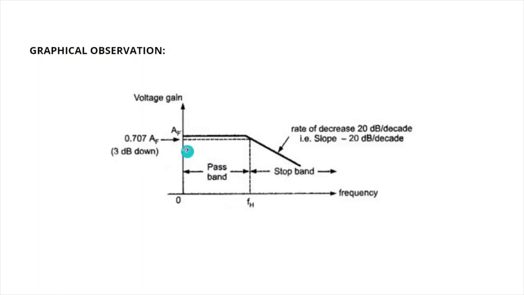And this cutoff frequency is also noted as the 3 dB frequency, which is an important question from the viva point of view. It is generally asked by the examiner.